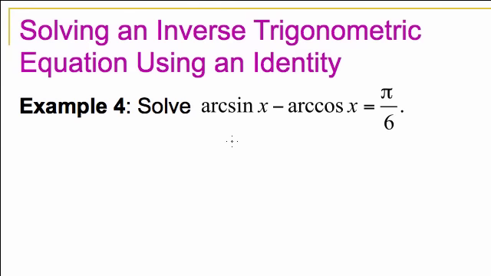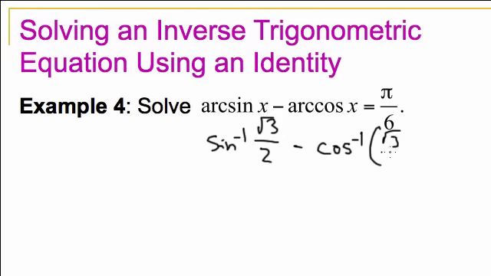Arc sine, instead of x, I'm going to put in root 3 over 2, minus the inverse cosine of root 3 over 2. Remember, that's the answer we got for x. See what happens here. The inverse sine of root 3 over 2, you get a y value of root 3 over 2 on the unit circle at a value of 60 degrees, which is also known as pi over 3.